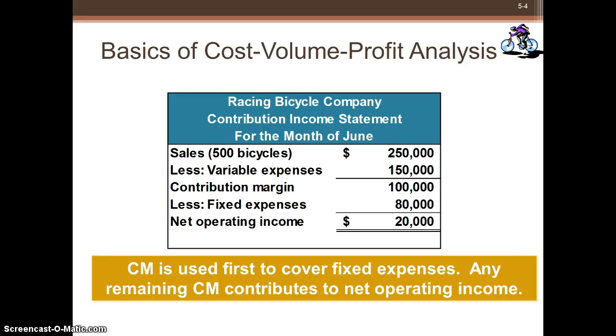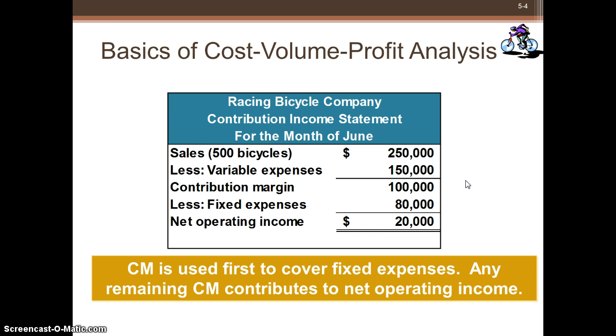In looking at contribution margin, one of the things we should look at is that contribution margin is first used to cover fixed cost. Any remaining contribution margin contributes towards operating income. So for the Racing Bicycle Company, for the month of June, when they sell 500 bikes, they have revenue of $250,000.